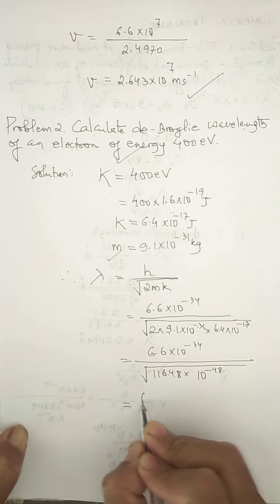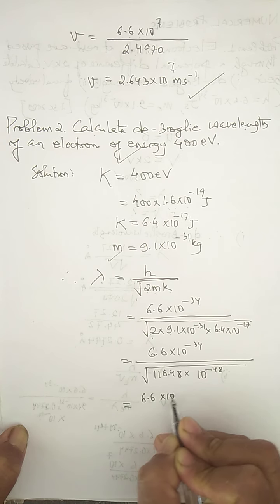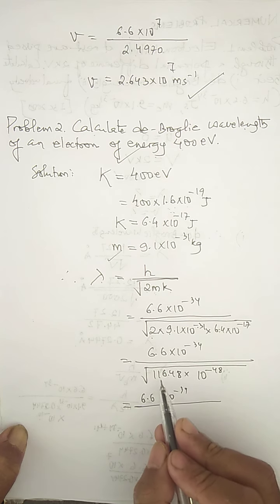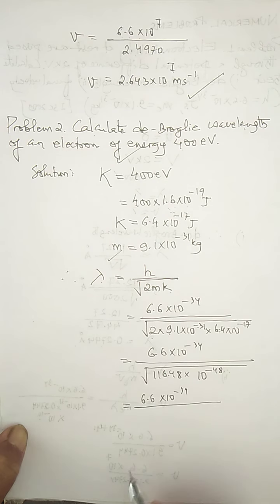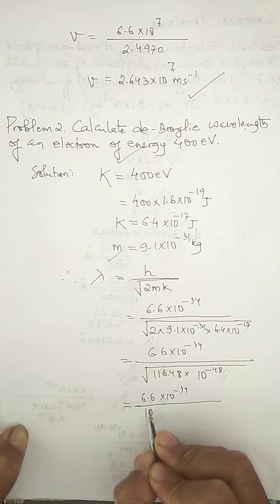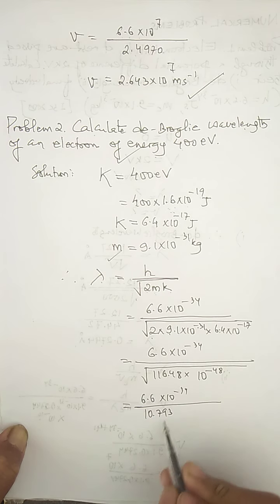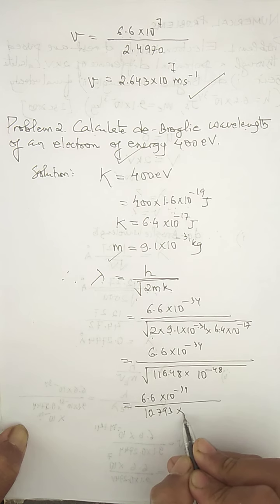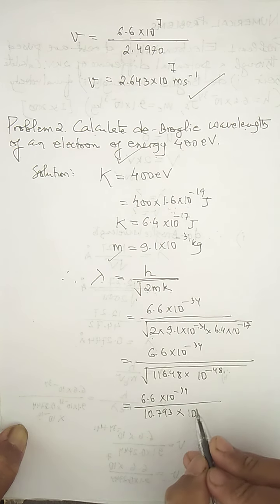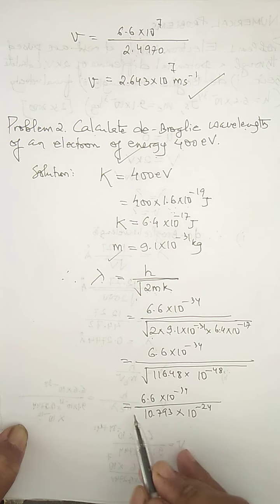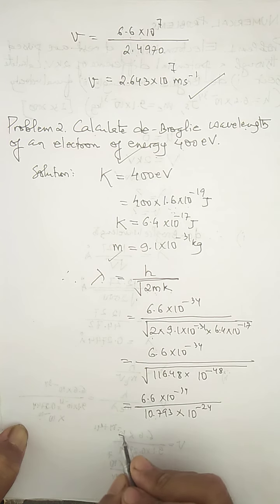So 6.6 into 10 to the power minus 34, whole divided by the square root of 116.48, which with a calculator is approximately 10.793. So I am writing directly 10.793 into the square root of 10 to the power minus 48, which means 10 to the power minus 24, half of 48 being 24. Now this power I'll take in the numerator, and at the same time I'll divide 6.6 by 10.793.